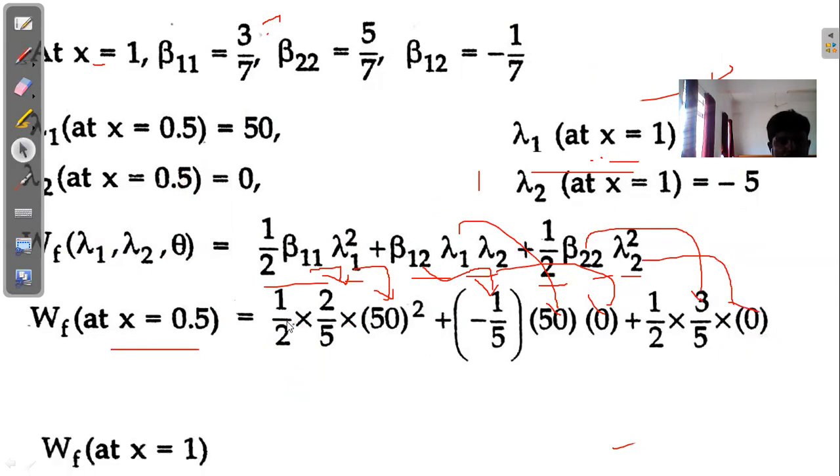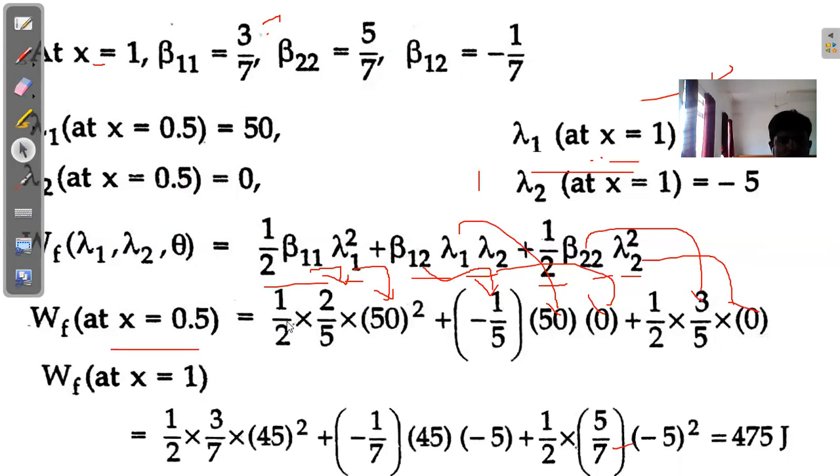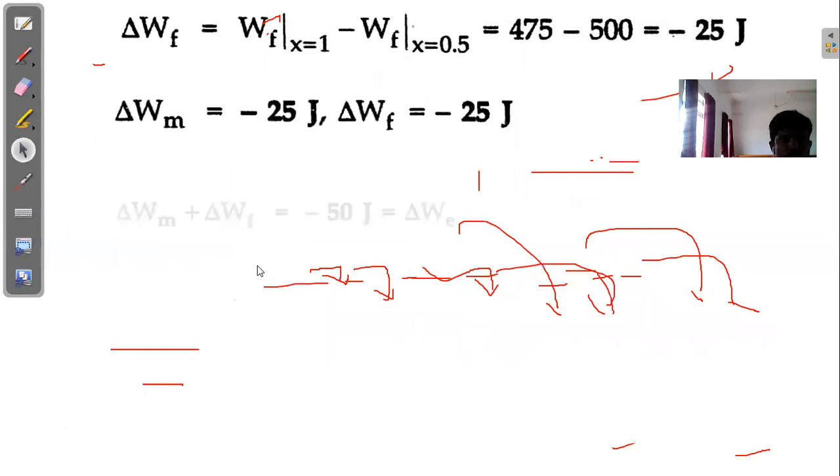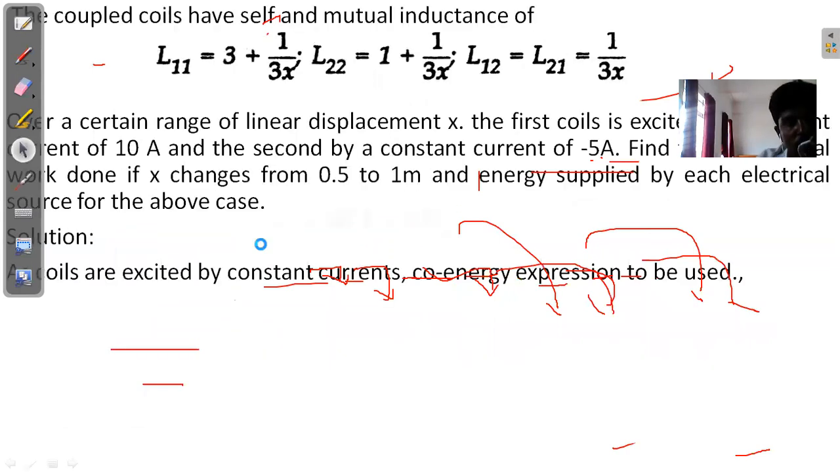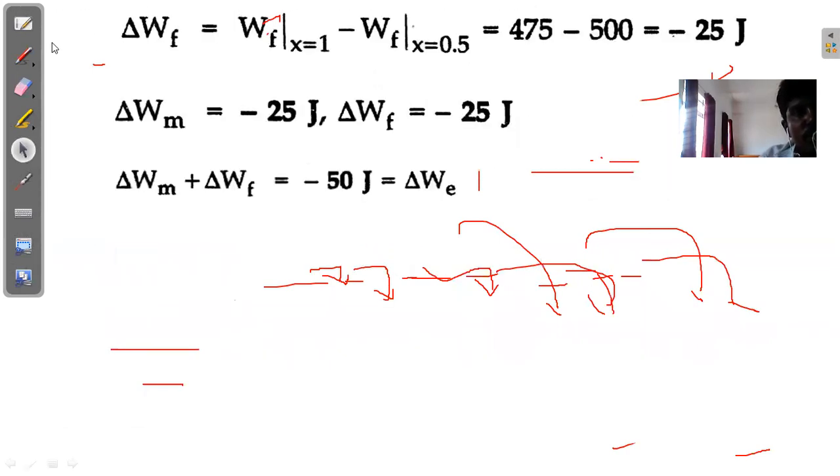Similarly we find out for x equal 1. Beta 1 value is known, beta 2 value is known, only the x value is different. So we get the answer equal to 475 joules. So the change in field energy: when we substitute x equal to 1, we get the field energy equal to 475.